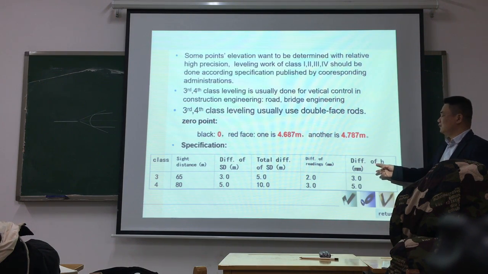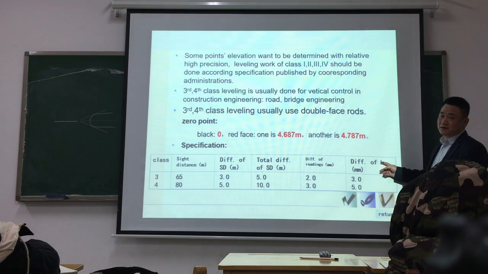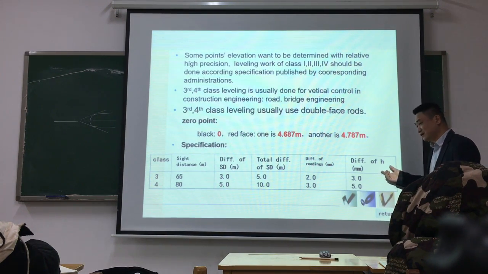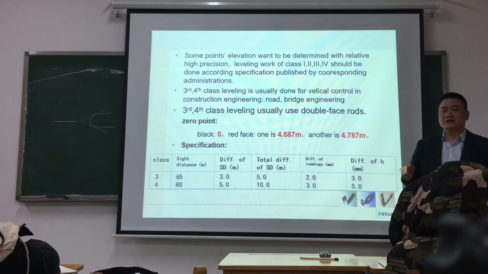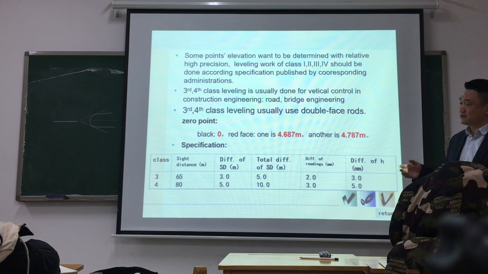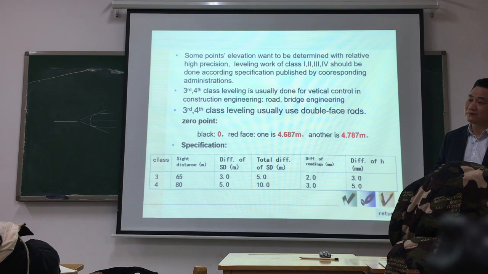And the difference of H, where H means elevation difference, obtained by the black face and the red face. Because we get the backside reading and the foresight reading, and at the same time we get the readings from the black face and the red face, the elevation difference can be calculated by the black face and by the red face.